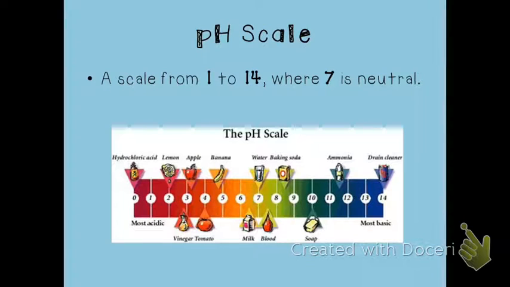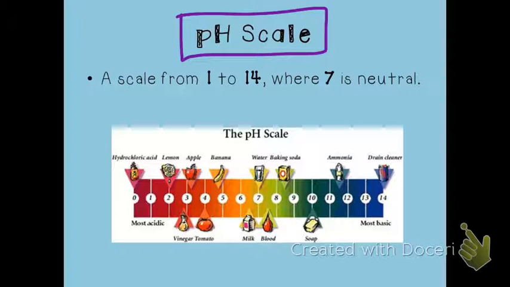One of the main things we have to make sure we understand about pH is the pH scale. Okay, this is a scale that ranges from 1 to 14, and in the middle is a 7, which means this substance is completely neutral.